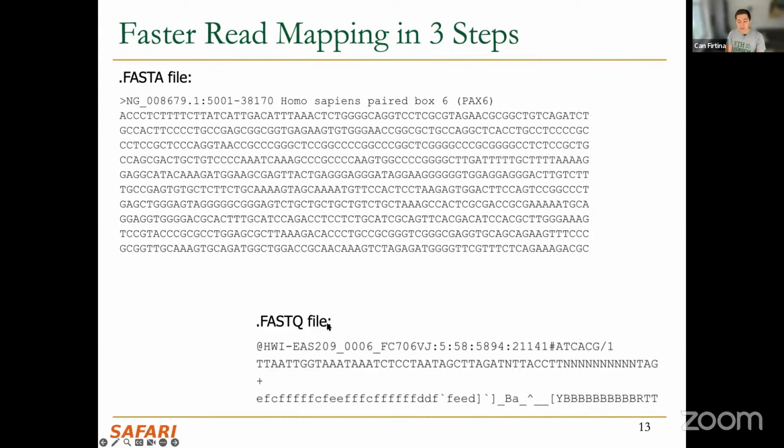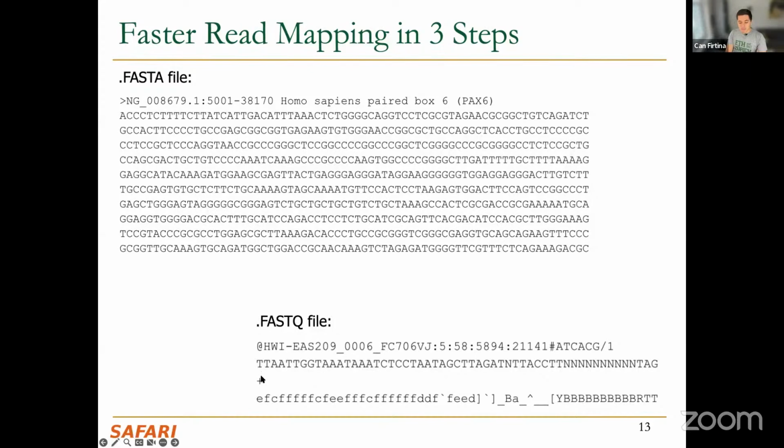And the FASTQ is basically very similar to FASTA. Additionally, it includes some quality information per base. Here, these are encoded with the ASCII format, and each character corresponds to the quality of that particular base.